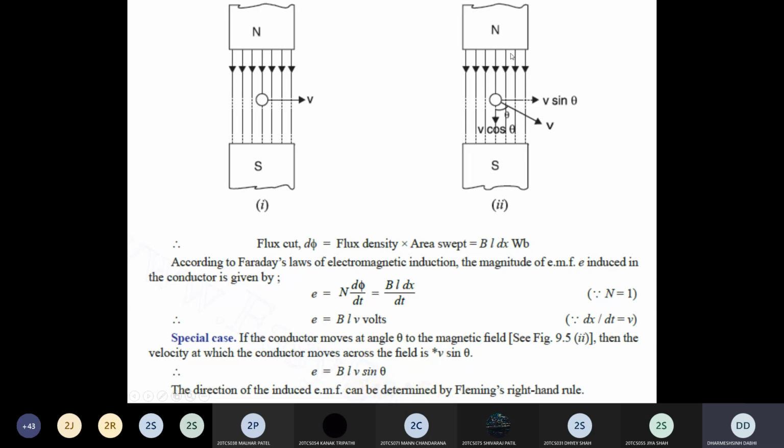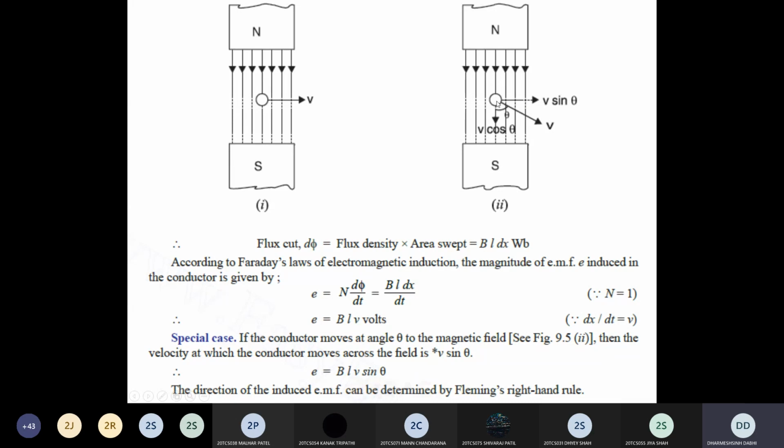Now suppose we take a special case. You can see figure number 2. In the first figure, the conductor is moving exactly at right angle to the direction of flux. But in the second figure, the conductor is moving at some angle theta with respect to the direction of flux.